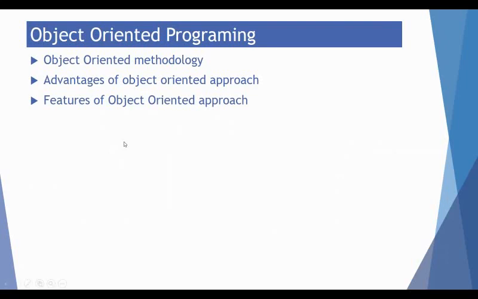As we have procedural programming, in which you develop applications around functions, whereas in the object-oriented methodology, we develop applications around objects. We will be discussing the advantages and the features offered by the object-oriented approach.